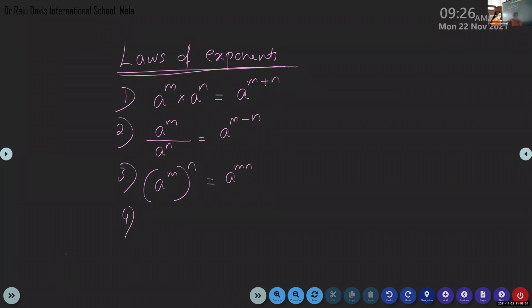Fourth one, a raised to m into b raised to m equal to ab, the whole raised to m.